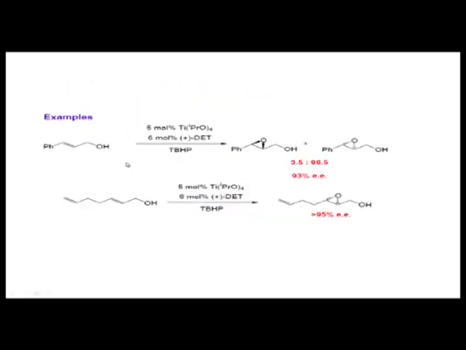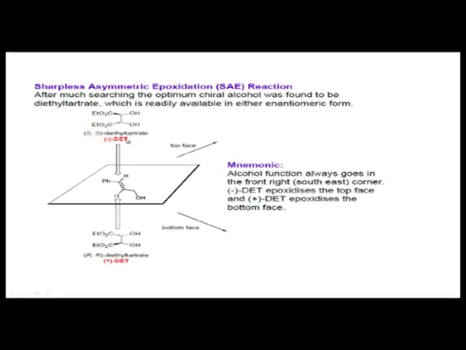Let us see, minus diethyl tartrate. They used 6 mole % plus diethyl tartrate, and here they used 6 mole % of this, which is minus. I think there is something wrong here. This should be minus diethyl tartrate, because the minus diethyl tartrate gives the epoxide from the top face.